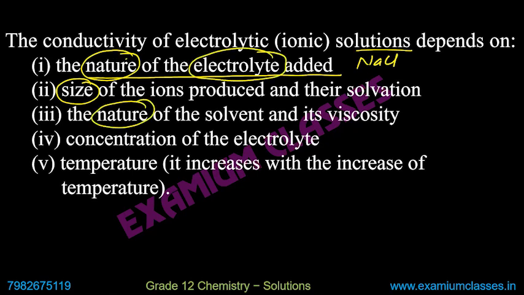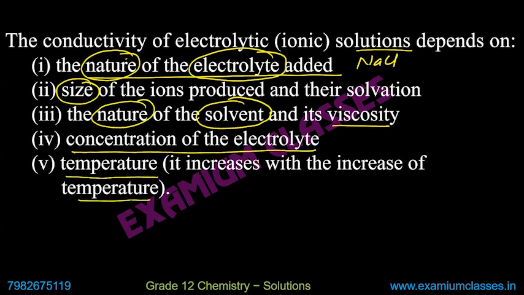Nature of the solvent, whether we are adding in water or in alcohol, and its viscosity. Concentration of the electrolyte, how much we are adding. And then temperature. Conductivity of electrolytes increases with increase in temperature.